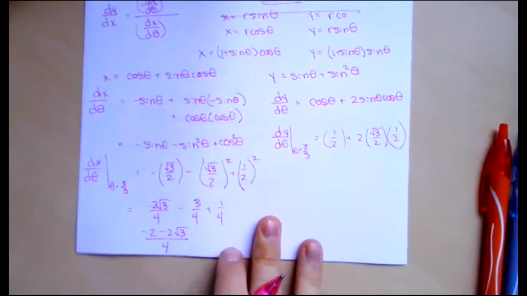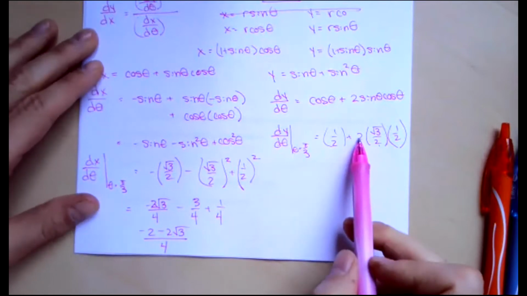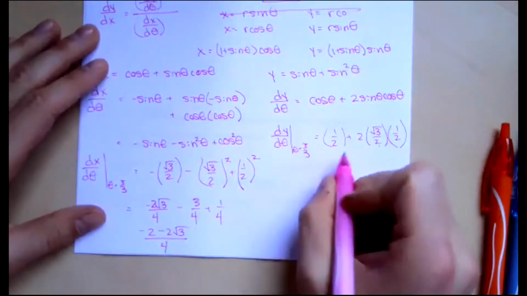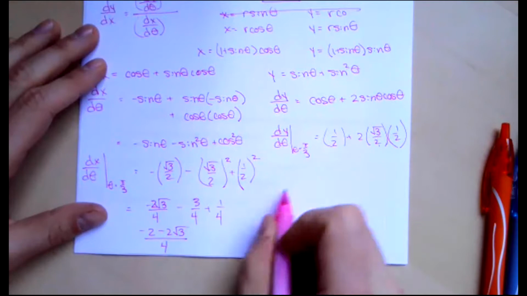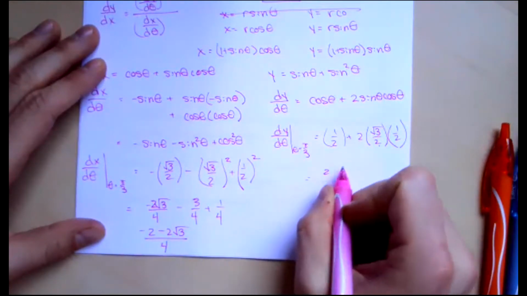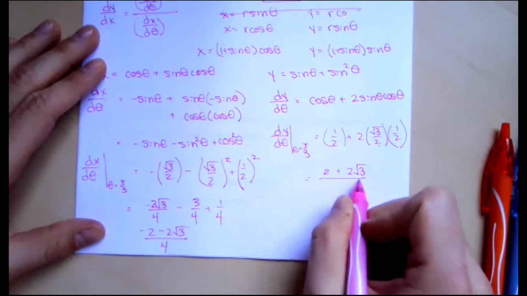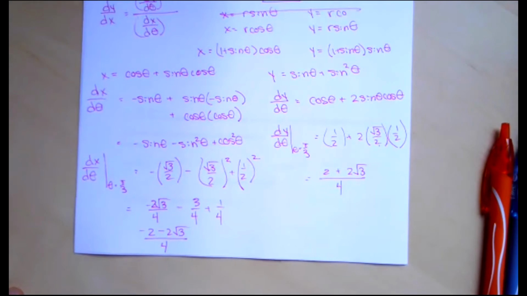And actually, it looks like this one we could simplify with a denominator of 2. But let's go ahead and keep that 2 in there and keep the denominator as 4 just to keep them matching. So we'll have 2/4 plus 2 square root of 3 all over 4.